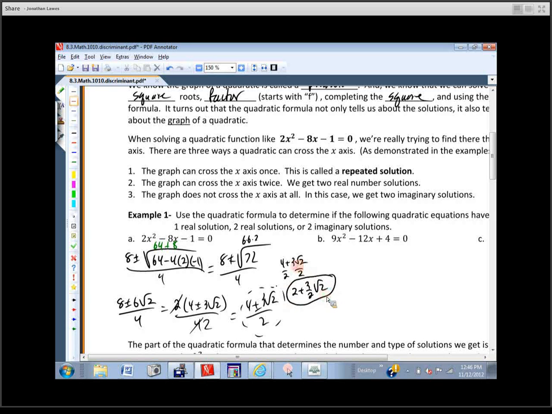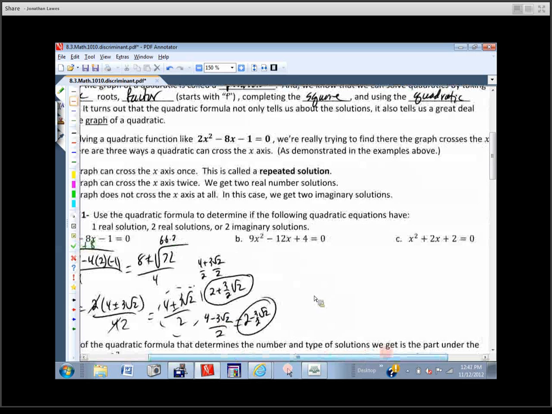And what's the only difference when I write this as another separate piece? So that's going to be 2 minus 3 over 2 radical 2. There are the two separate pieces. Okay? So this one would cross the x-axis in two places. It would have two x-intercepts. Any questions there? Okay, let's take a look at the next one.